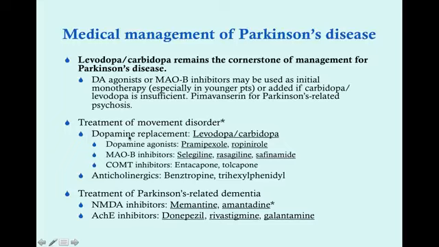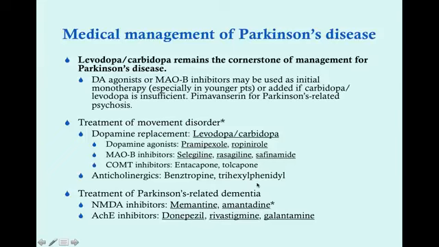We already talked about dopamine replacements. These anticholinergics, as I said, have the primary limitation that you can't use them in patients with narrow closed-angle glaucoma. Of course, the adverse effects of anticholinergics are exactly what you'd expect: dry mouth, constipation, blurry vision, tachycardia. The treatment of Parkinson's-related dementia is very similar to how we treat Alzheimer's dementia: memantine, amantadine.